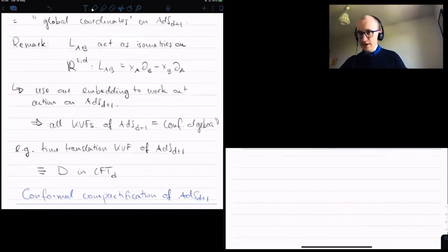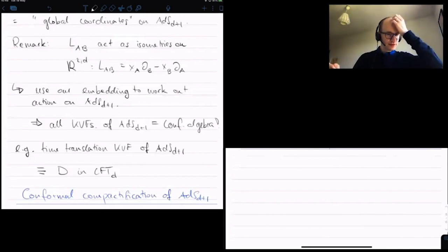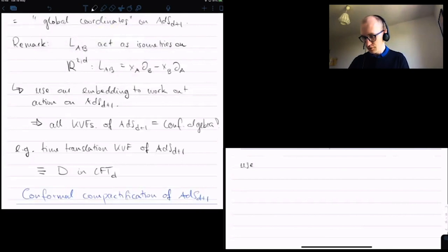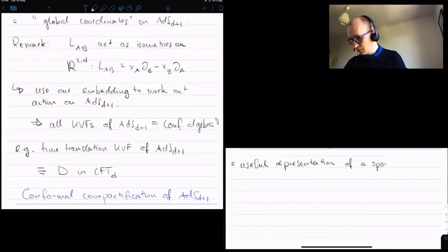So let's go to flat space. What is this conformal compactification? Well, it's basically a useful representation of a space-time, and what does it do?